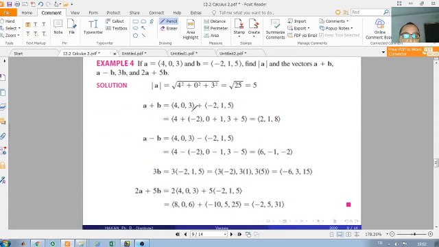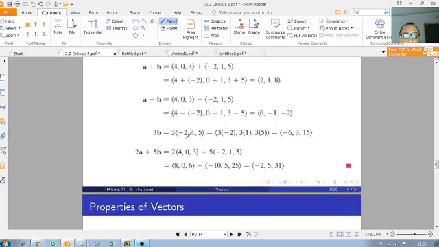A plus b is the addition of the components, you see. A minus b is the difference of the components, you see. 3 times b is obtained by multiplying each component by the number 3, and 2a plus 5b can be found easily by first applying the scalar multiplication for each one, and then applying the vector addition algebraically.